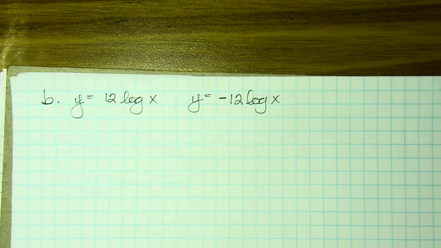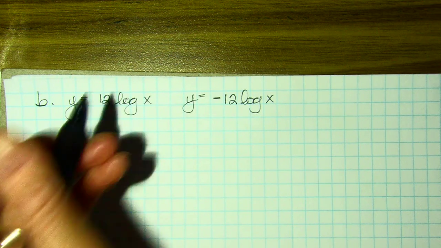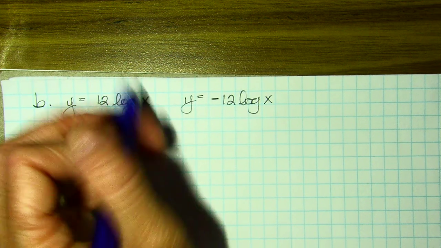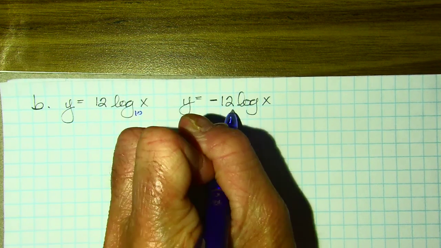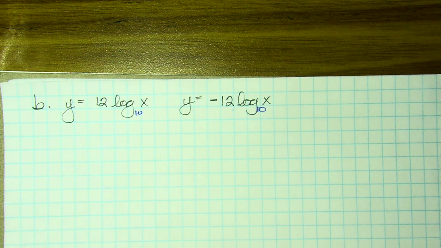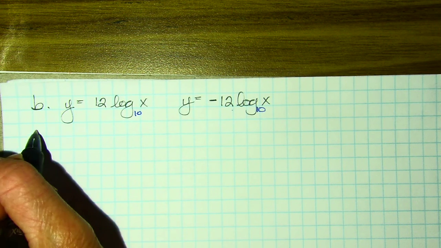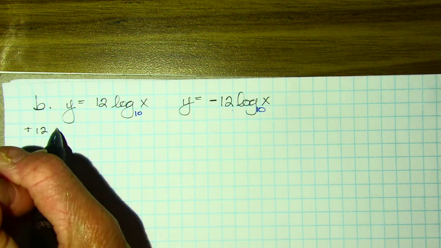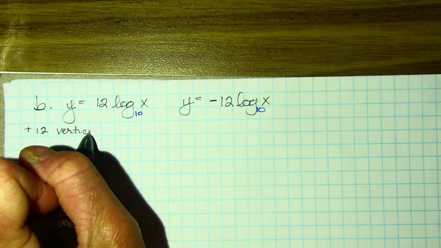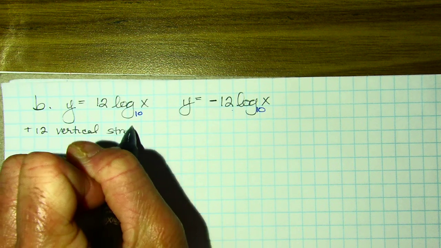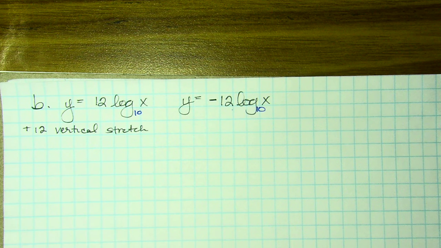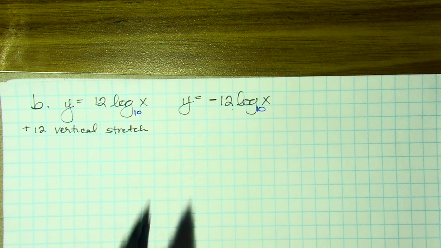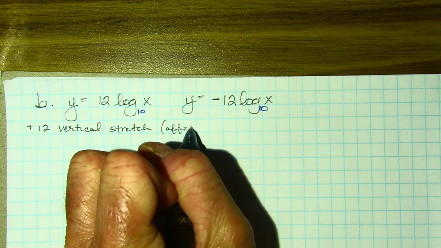Okay, so the 12 here, right, there's an invisible base of 10. And so the 12 here, the positive 12, is a vertical stretch, meaning it affects our y values.